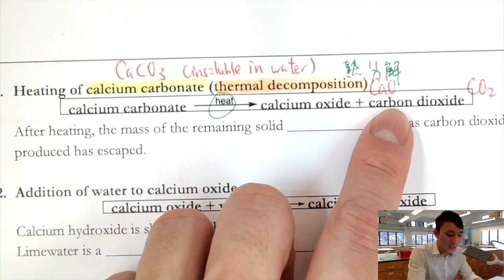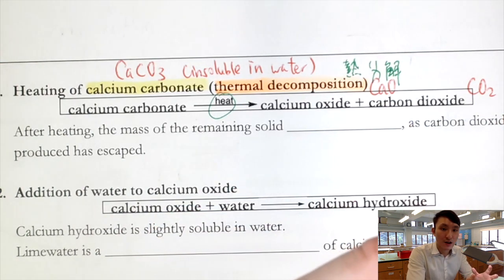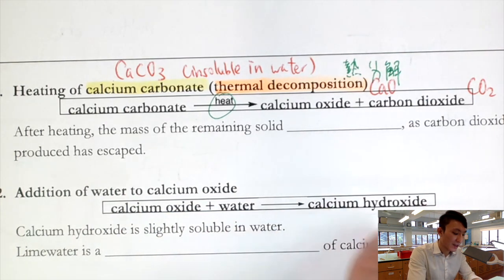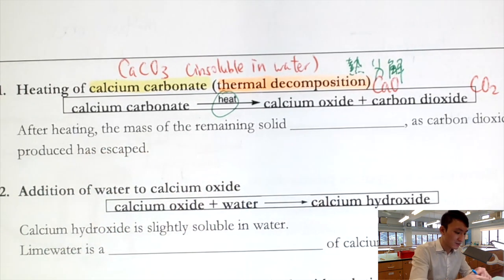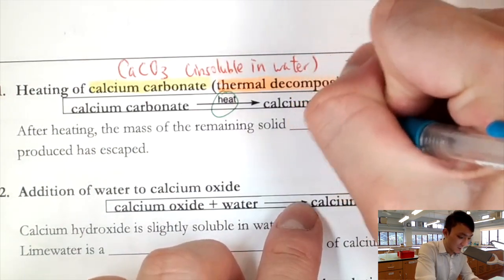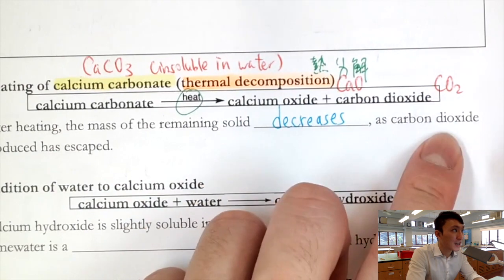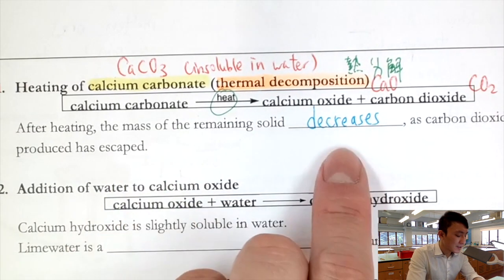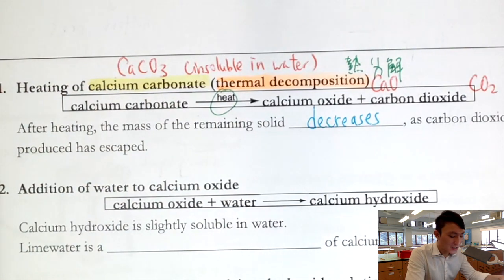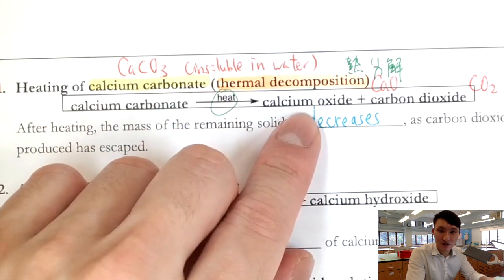So after you heat it, the total mass of the solid will decrease. After heating, the mass of the remaining solid decreases, as the carbon dioxide produced has escaped. So this is the first reaction, and calcium carbonate is converted into calcium oxide.